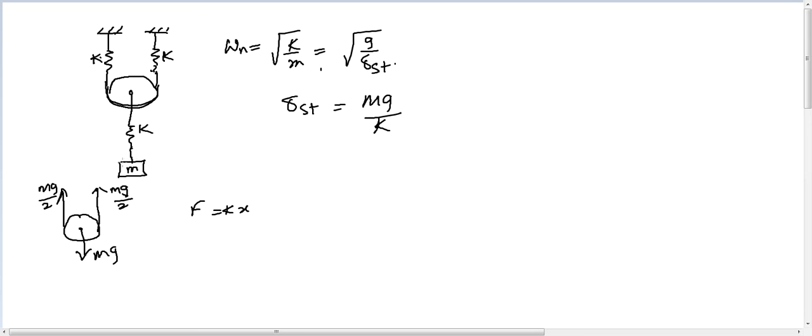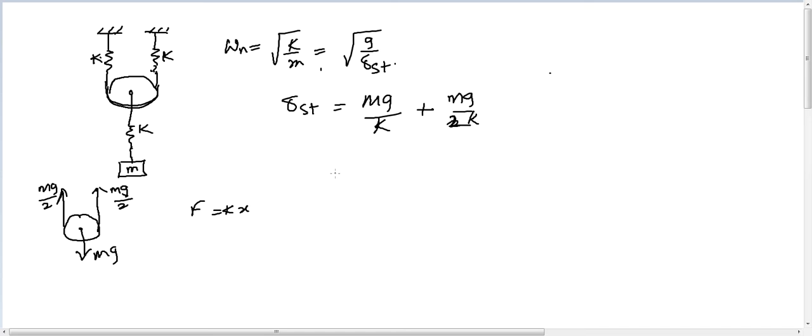And this mass will have the static deflection due to these springs also, so the deflection in these two springs is nothing but mg by 2, this is the force, by K. So mg by 2K plus mg by K will become the static deflection in this case.